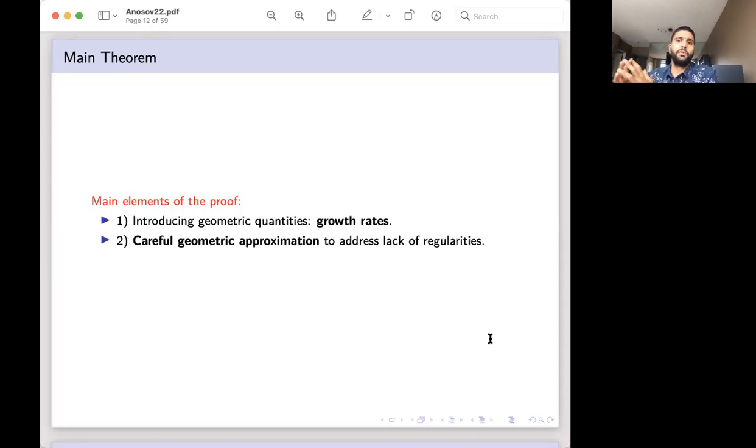So in order to go from a C0 setting given by the definition of Anosovity to a C1 world of contact geometry, where all these one forms are going to be C1, I will need some careful approximations to make things work. And that's really the technical part of the proof.